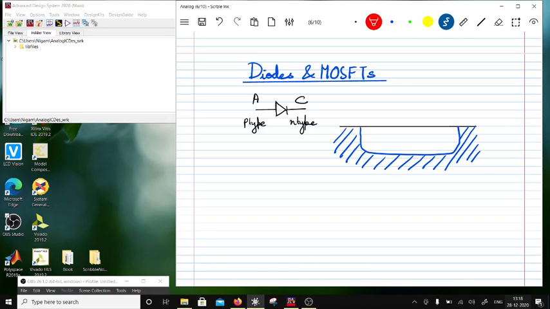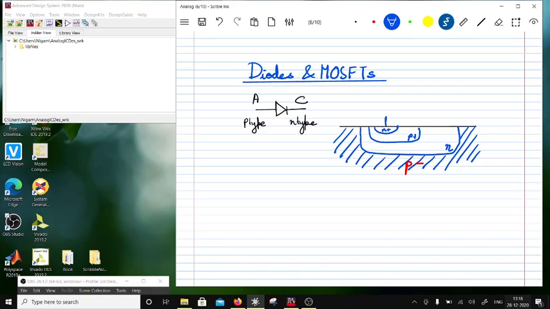Okay, this is the N-well, and inside this, this is going to be N. Then you are going to have a P plus, and then you can have N plus.